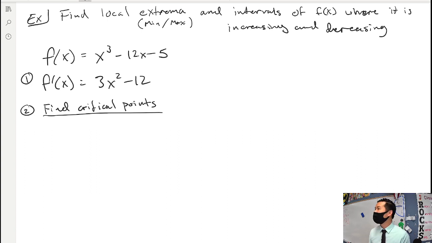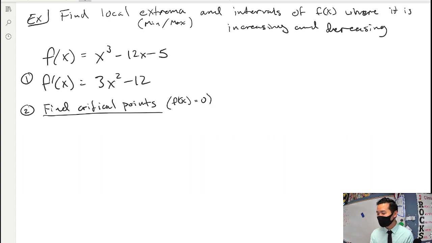You have to set the derivative equal to 0, and then solve, right? So that was a lot harder than it should have been. So let's put that in the notes. It's when the derivative is equal to 0, or when the derivative does not exist.